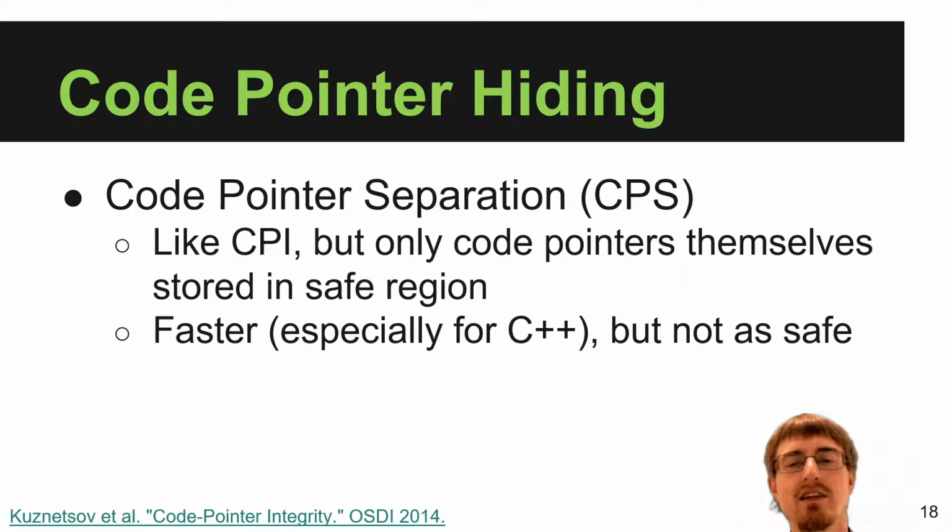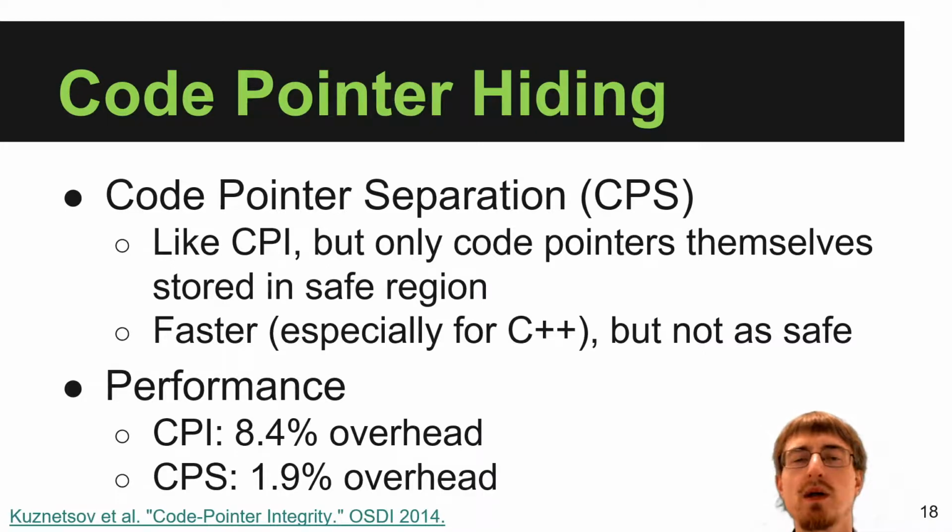So CPS is faster, but it's not completely safe, because we can still indirectly change a code pointer by changing a pointer to that pointer. Performance-wise, CPI has some significant overhead, although it's not excessive, 8.4%, and CPS, even though it's not perfectly safe, still provides some significant safety at only 1.9% overhead, which is actually very good.